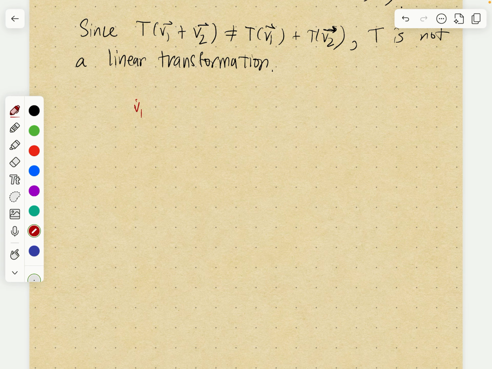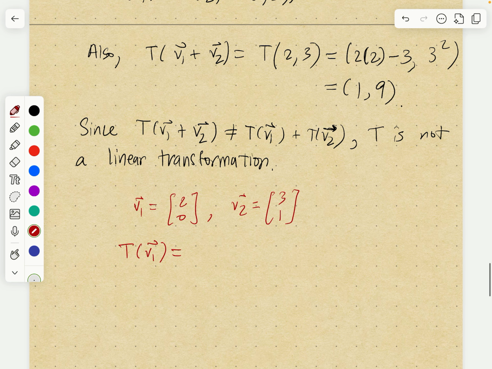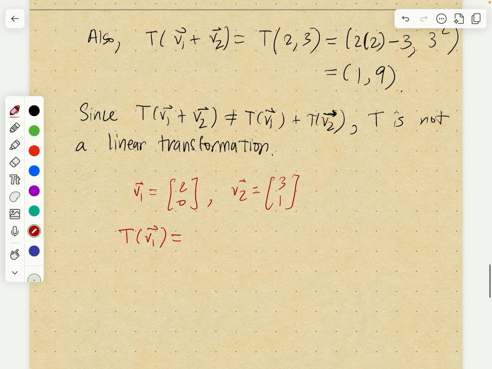Let's say a student picks v1 is (2, 0), and v2 is (3, 1). And then they calculate T of v1. Where's the formula? (2x1 minus x2, x2 squared). So that's going to be (2 times 2 minus 0, 0 squared), and they get (4, 0).